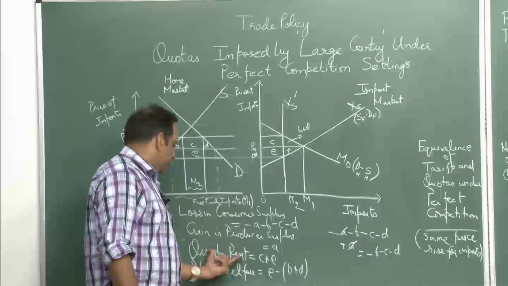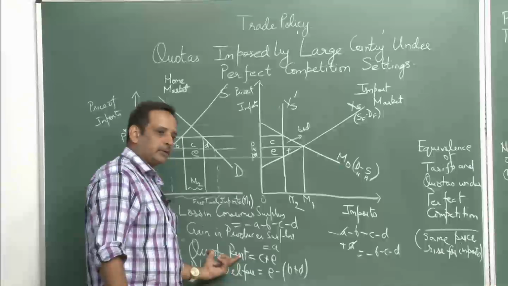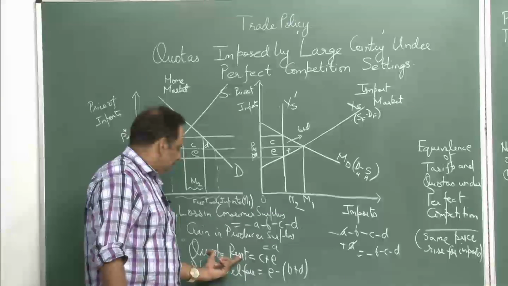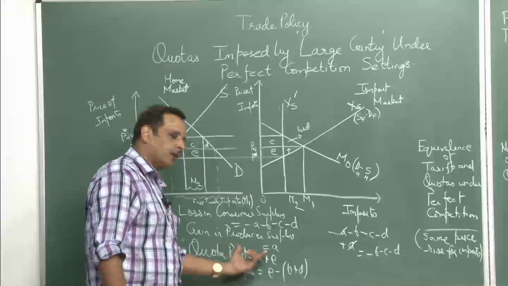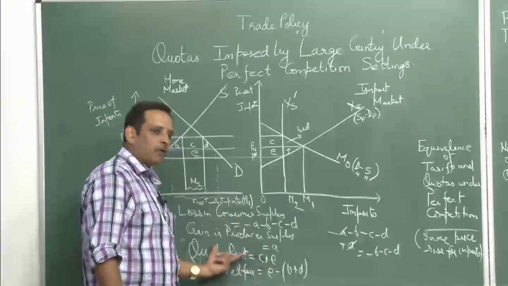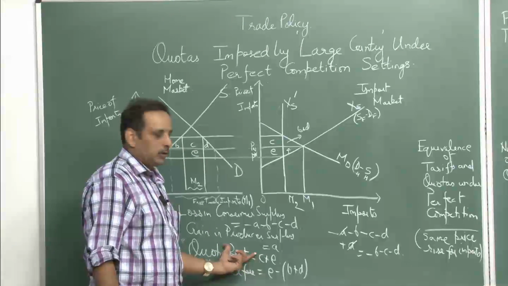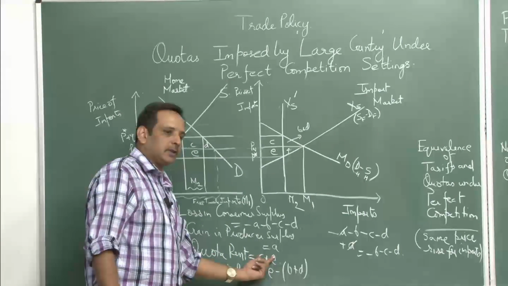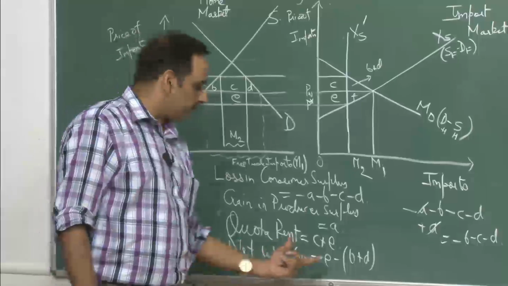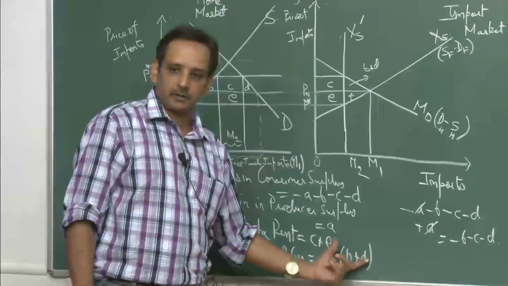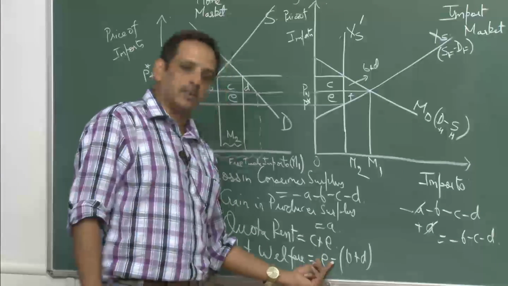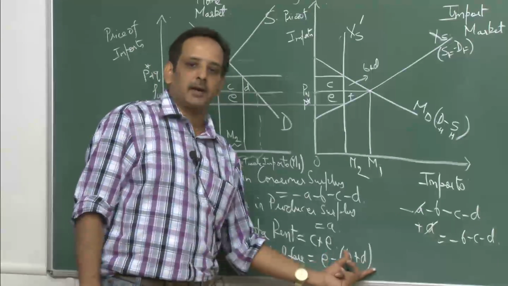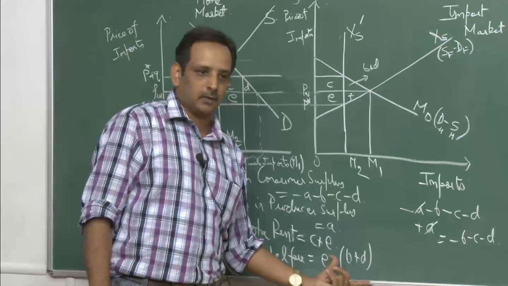So instead of these quota rents going to the manufacturers, the quota rent now comes into the pocket of the government in the form of auction revenue. So the auction revenue is C plus E. Again, the net welfare works out to be E minus B plus D. This is ambiguous, like in the tariffs case, because E is the terms of trade gain, and B and D are the distortions created in the economy.